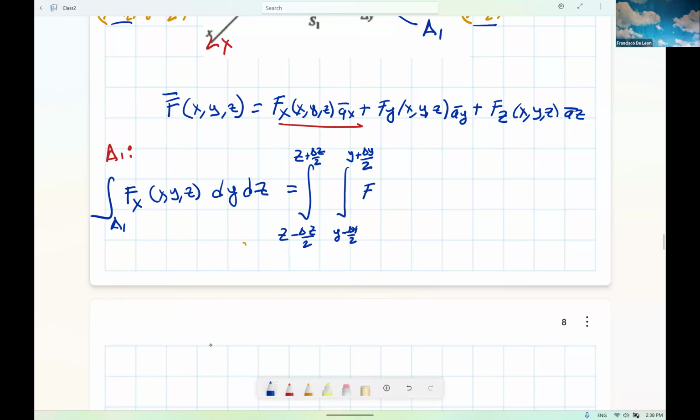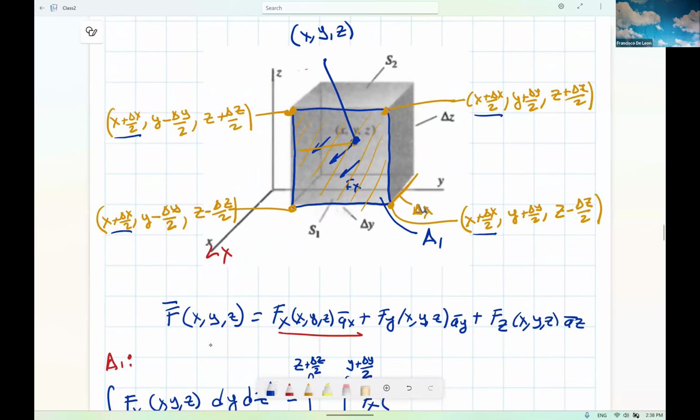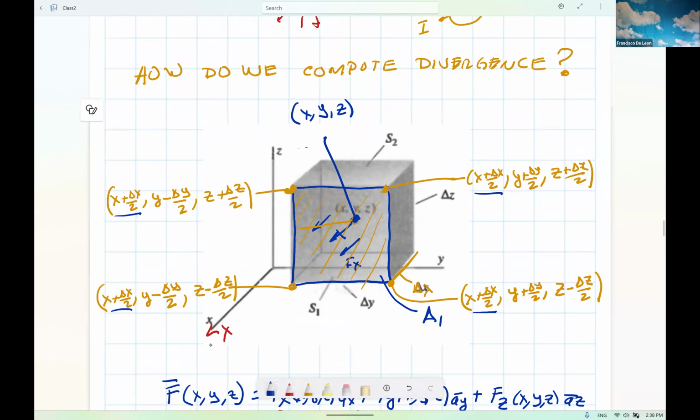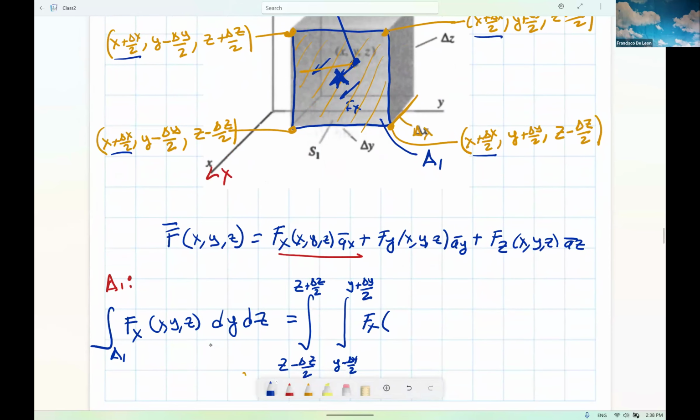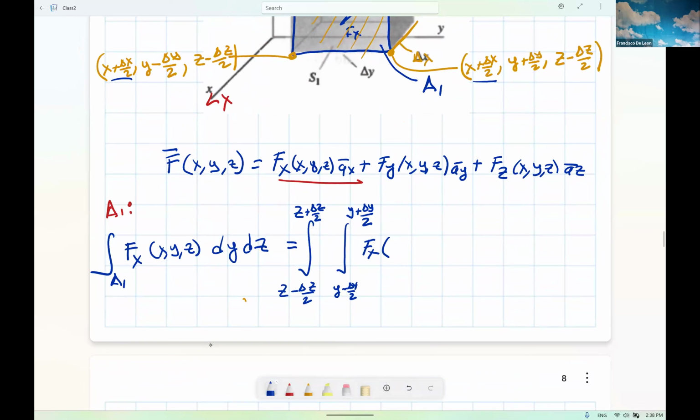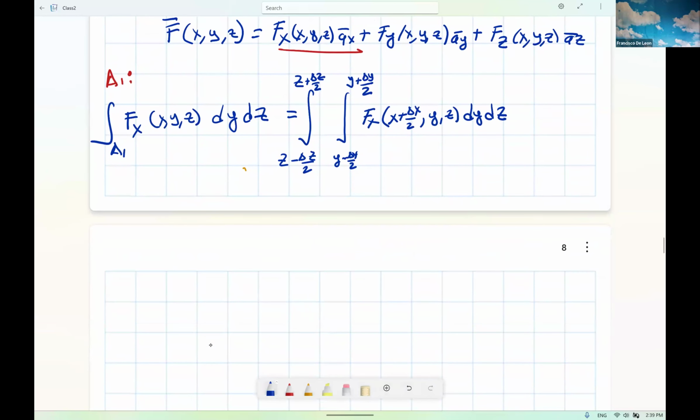And the function is only the function of x, but the function of x is going to be evaluated at the face right here, right? I am going to evaluate the function at the face because that's where I need to do it. So it's going to be f of x plus delta x by 2 so that it comes to the face, and then y and z are the variables, dy dz.